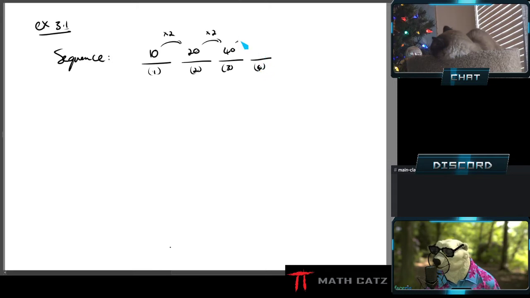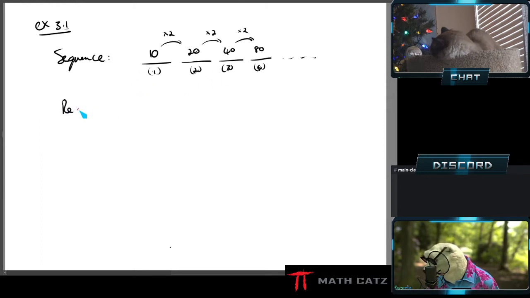Day 4, I'm going to double that to 80, and so on. So now it's different. It's not an arithmetic sequence. I'm not adding by the same amount. I'm multiplying. But the pattern is still fairly easy to recognize.